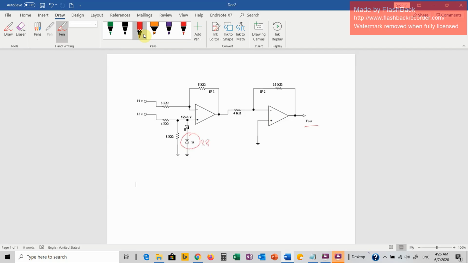As long as we are applying a constant and stable DC source here, this silicon diode is in reverse bias mode, which means we have an open circuit. That means this branch is open and not active even if we provided sufficient voltage for the Zener diode to operate as a voltage regulator.